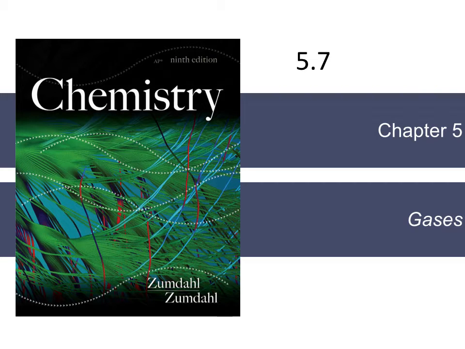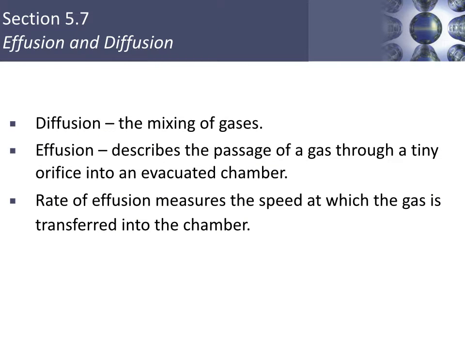Quickly, I'm going to say a couple of things about section 5.7, which is about effusion and diffusion. Diffusion is a term for the mixing of gases. Effusion describes the passage of a gas through a tiny hole. And the rate of effusion measures the speed at which the gas is transferred into a chamber.